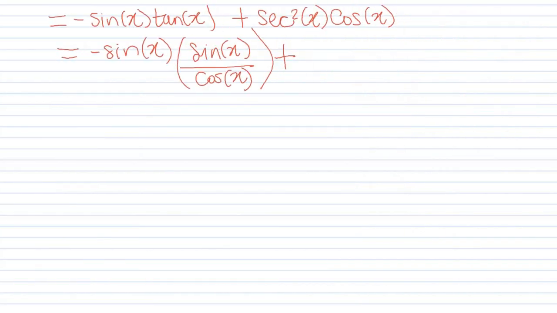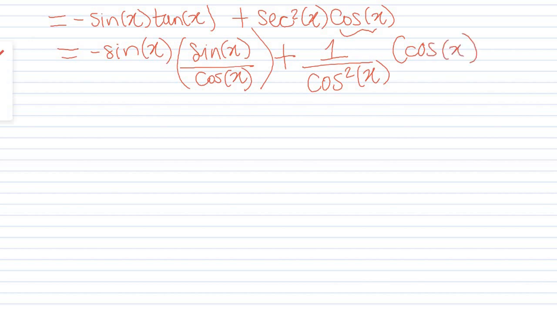So here secant square x is just going to be 1 over cosine square of x. And then we have cosine x here, it just comes down. So now we cancel it out because we're trying to make our work neater. So cosine x gets cancelled, cosine square x gets reduced by 1.